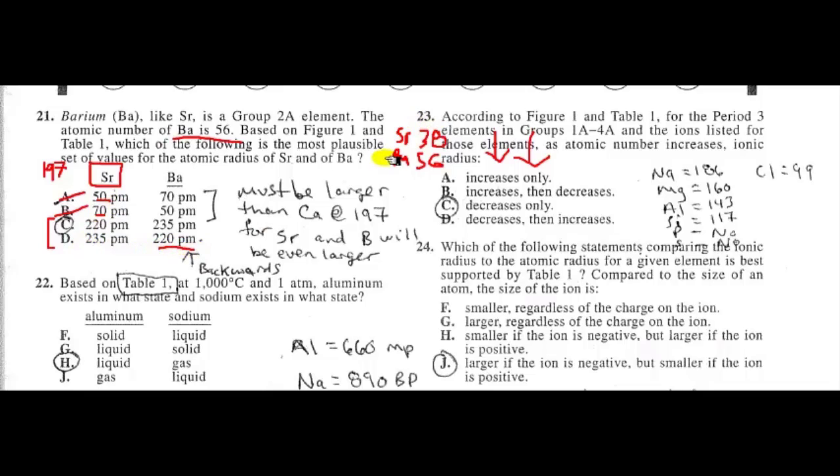Well, you already know that Ba has a larger atomic number, and therefore it will have a larger atomic radius because it's larger than the Sr. So the value here is going to only give us C, 220, and then it will get larger for Ba. Combining results is a very common thing on ACT. You're given information from two different areas. You need to take information from one area and plug it into another area. 21 is C.